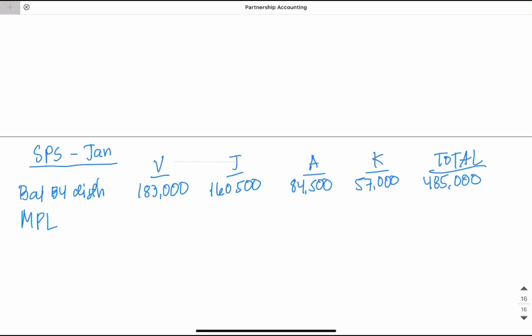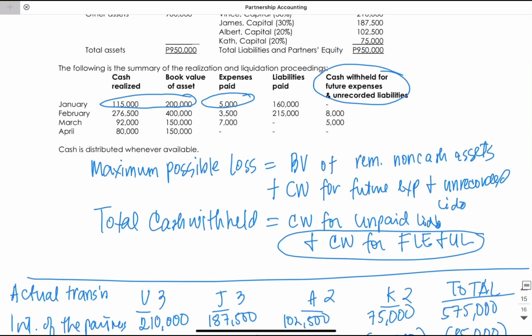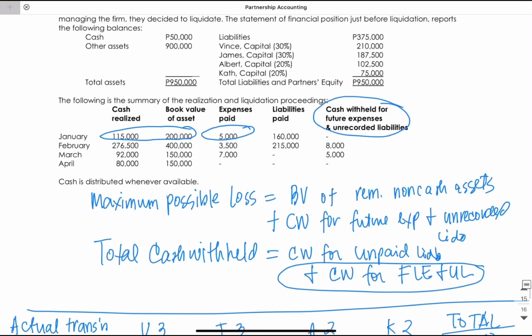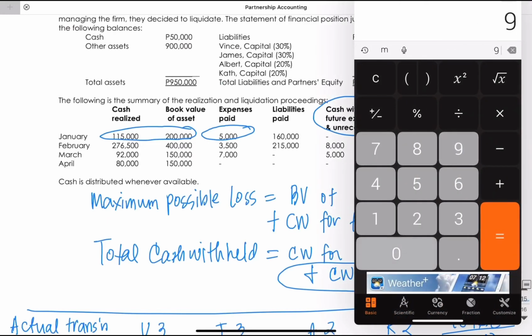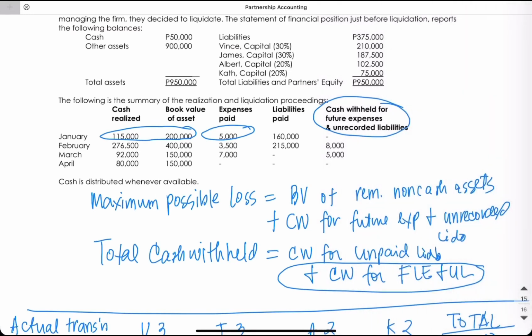Your maximum possible loss is composed of the book value of the remaining non-cash assets and cash withheld for future liquidation expenses. So let's check how much would be your maximum possible loss. For book value of the remaining non-cash assets, we have only sold 200,000 and the total is 900,000. So 900,000 minus 200,000, the book value of the remaining non-cash assets amounted to 700,000, plus cash withheld for future liquidation expenses.